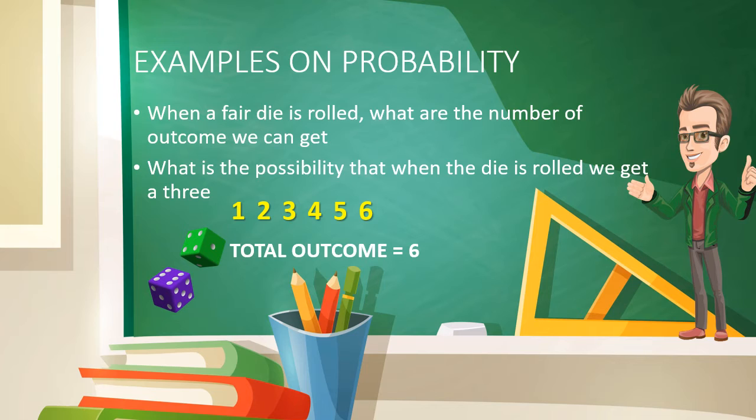And as we can see, we have just one 3 on the die, which will be 1 over the total sides of the die, which is 6. So we have 1 over 6. This simply means that the probability of us getting a 3 when we throw a die is 1 out of every 6 throws.